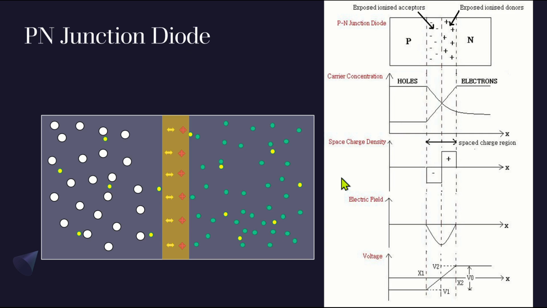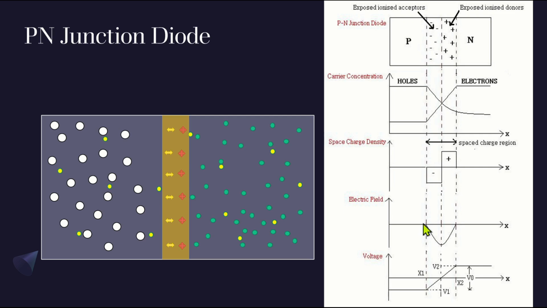Now if we determine the space charge density, these are negatively charged, so we will have a negative charge here, and these are positively charged in the depletion layer of the N side. Now if we measure the electric field, it will be the difference between the potentials. That difference will obviously be in the negative direction, because it creates a voltage which opposes the movement of electrons.